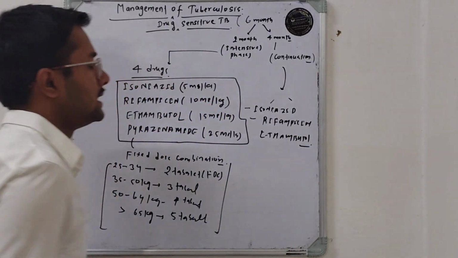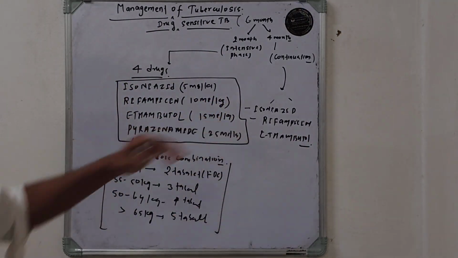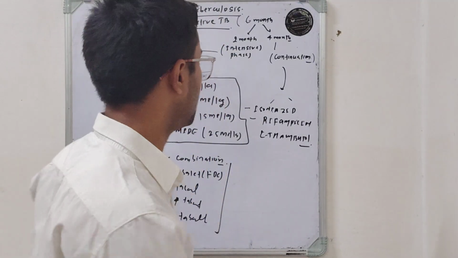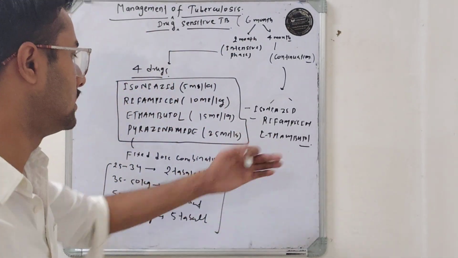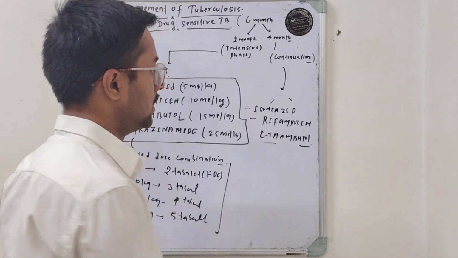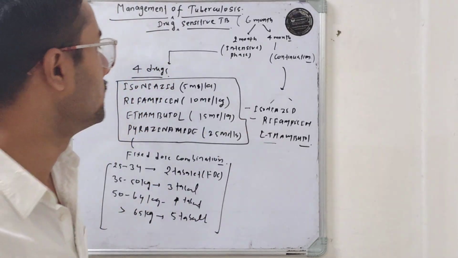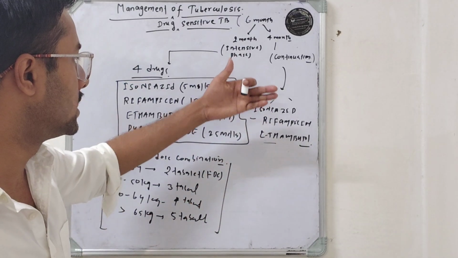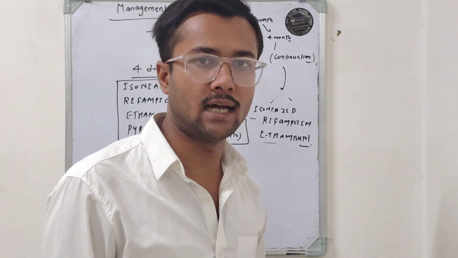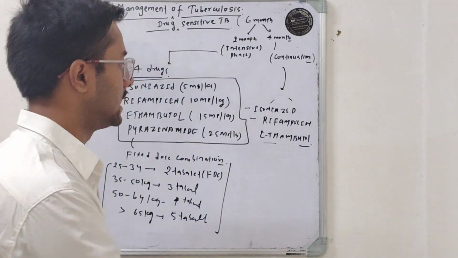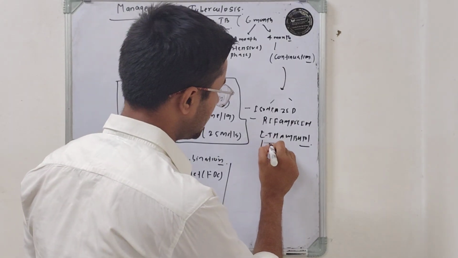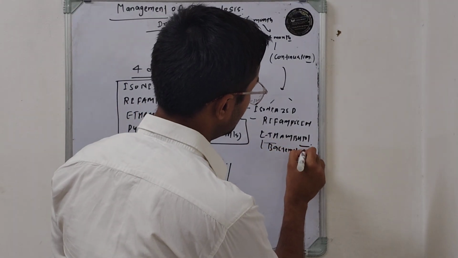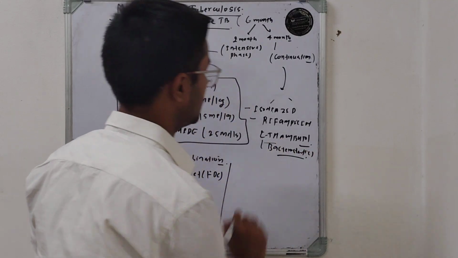So according to the National TB Elimination Program, we prefer 3 drugs, but the WHO prefers only 2 drugs. They do not prefer ethambutol, but in India we include ethambutol, because it is a bacteriostatic drug, unlike the bactericidal ones. So we go for the 3 drugs.